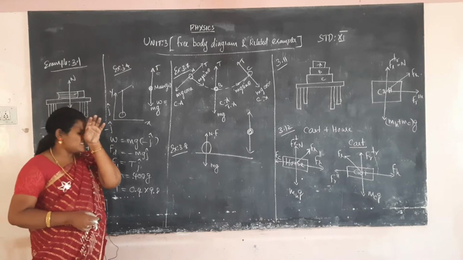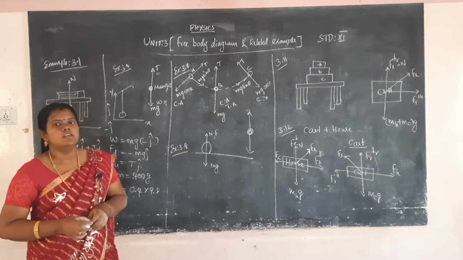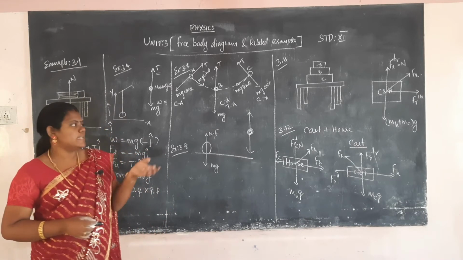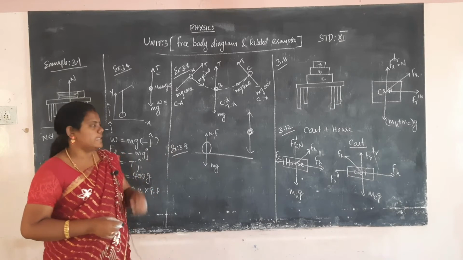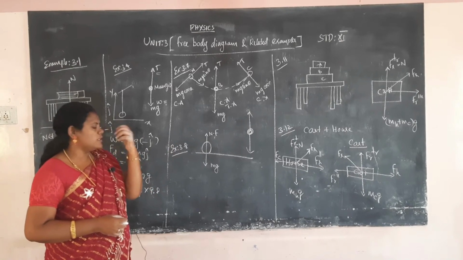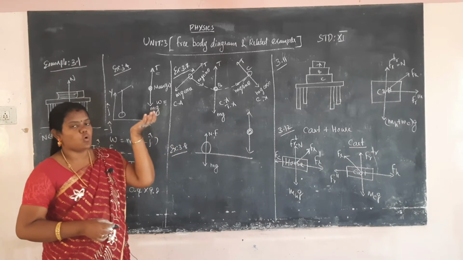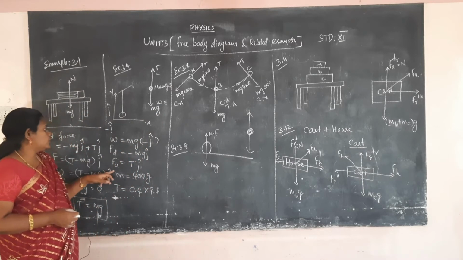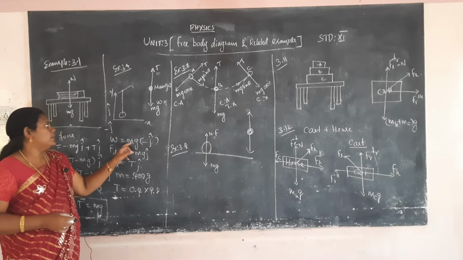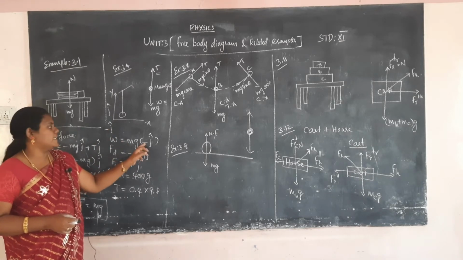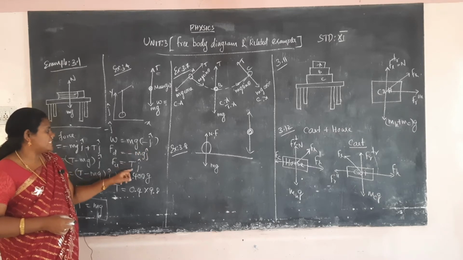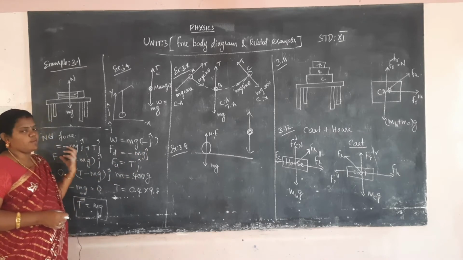We consider a mango hanging on a tree. The mango has the downward force m into g, and then the tension on the cord is T into j cap in the positive y direction. The downward weight is written with minus j cap, so minus mg j cap plus T j cap are added to calculate the net force.